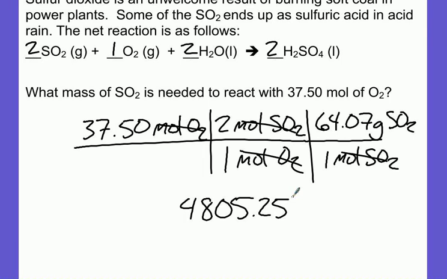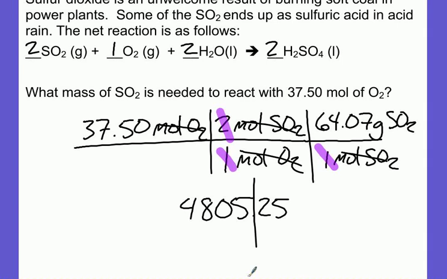So 4,805.25. I need to round that appropriately because I don't need that many sig figs. Remember, it's been a while since we did this kind of stuff, but these whole numbers don't affect your rounding at all. You only have to worry about the other two numbers in this problem, and that's what makes me round to 4 sig figs, because both of those other numbers have 4 sig figs.